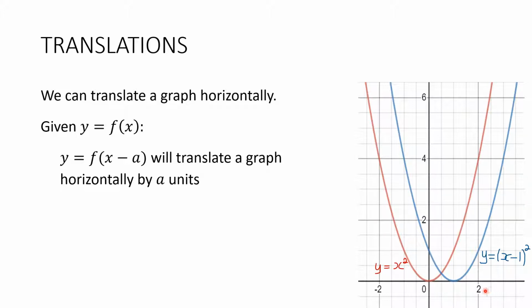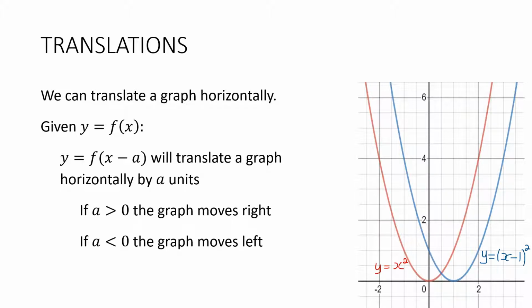If b was positive, then it moved it upwards. So we put it like that so that it will move this way. Another way to think about it is it moves to what makes 0. What makes 0 here? a. So this is moving from 0 to a, in this case to 1. So if a is greater than 0, the graph moves right. If a is less than 0, the graph moves left.